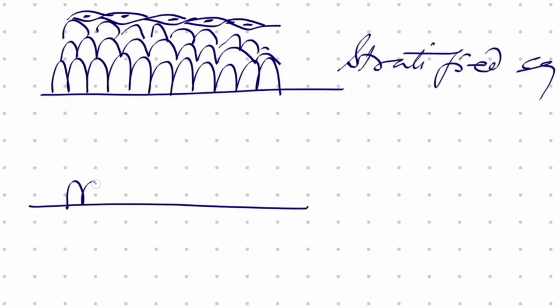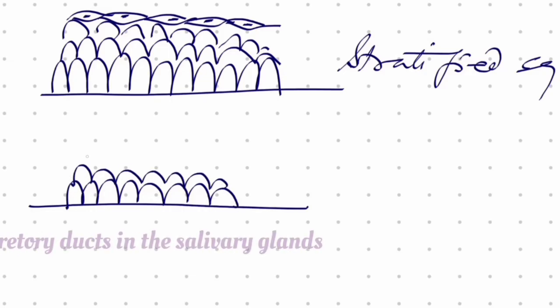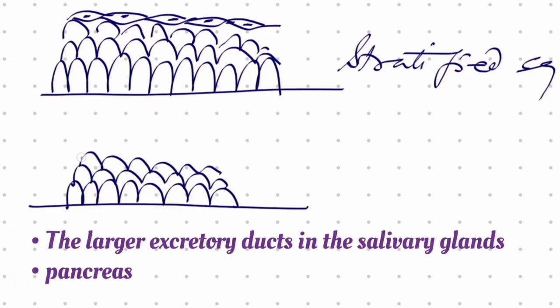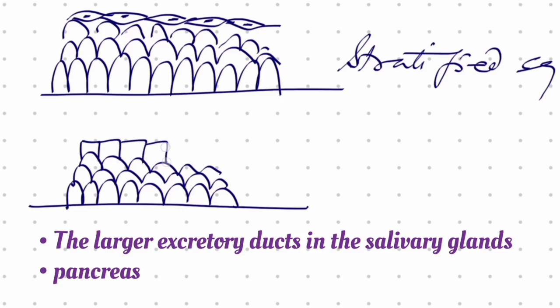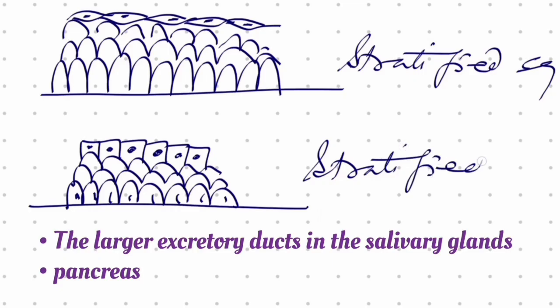If the topmost layer is cuboidal, that is with a rounded nuclei, then it will become stratified cuboidal epithelium.